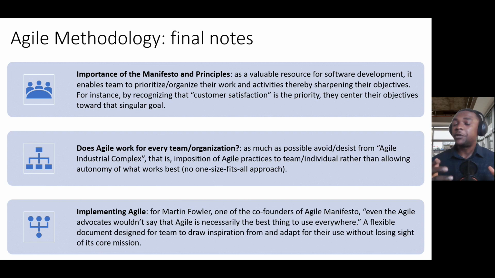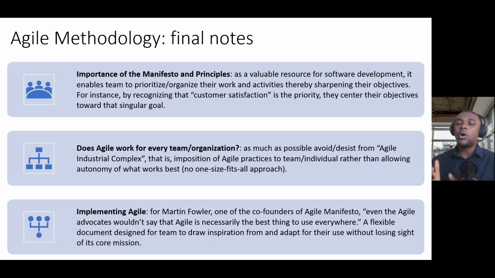Does Agile work for every team and organization? As much as possible. I mean, there is this idea of the Agile industrial complex. What does that mean? When supervisors or managers or stakeholders try to force team members to use some Agile practices, that doesn't really work.